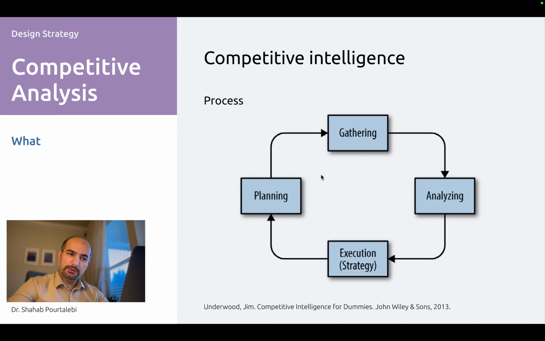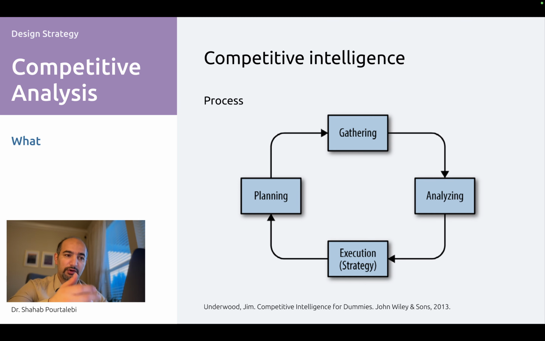That's why this book suggested these 4 steps: collecting information. That's what we've done so far. Gathering information about our competitors, then doing analysis. I'm going to tell you what to do and how to do that, and then execution, strategy part, like how that could help us in our design strategy, and finally reiterate, like based on the strategy we plan for our next data collection, and then processing again, doing analysis, and so forth.